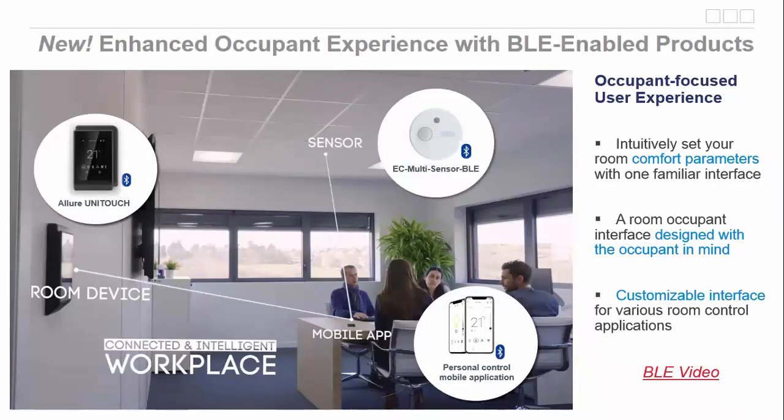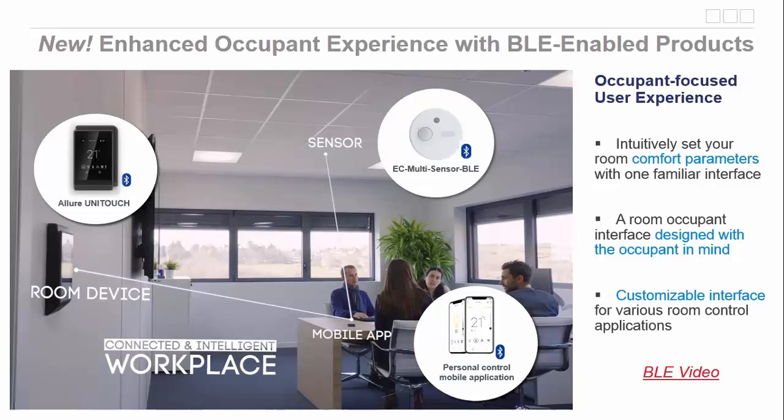So the idea of this new product platform is really to be able to set the room comfort parameters with one familiar user interface, both on a wall device or on a mobile application. All these products have been designed with the occupant in mind to be very easy to use and user-friendly.